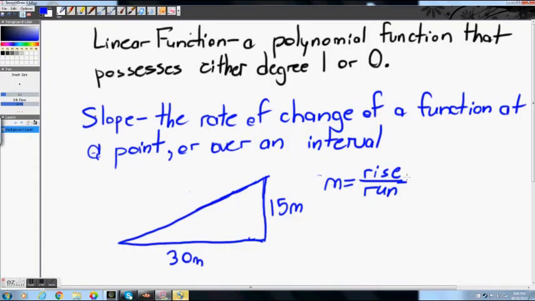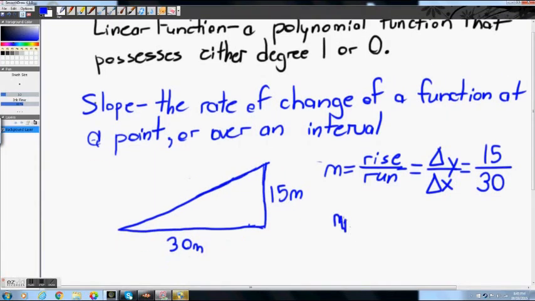So basically, a change in y over a change in x. For this hill, we would take our change in elevation over our change in horizontal distance, and what we get is 1/2. Basically, as we go over 1 meter horizontally, we increase our elevation by 1/2 meter.